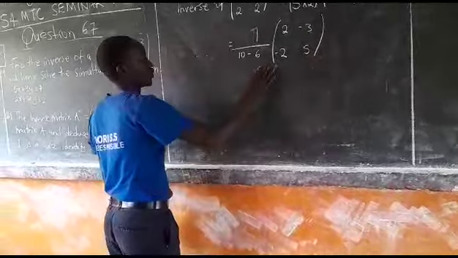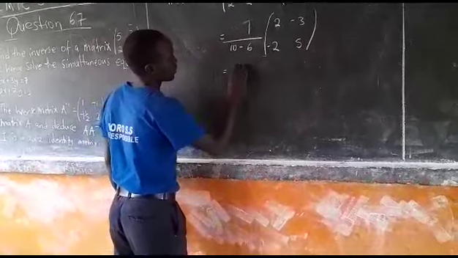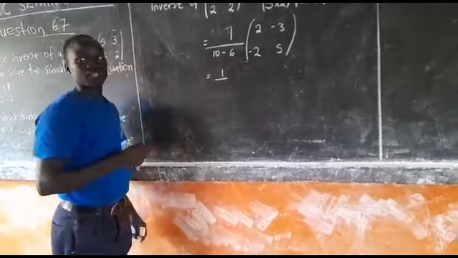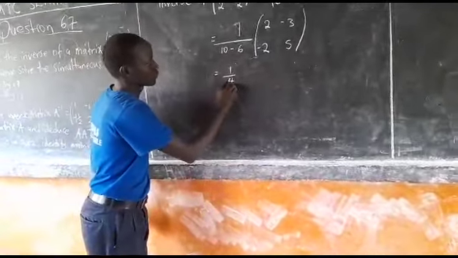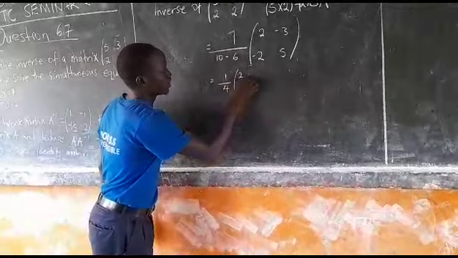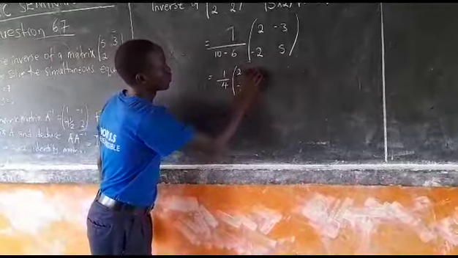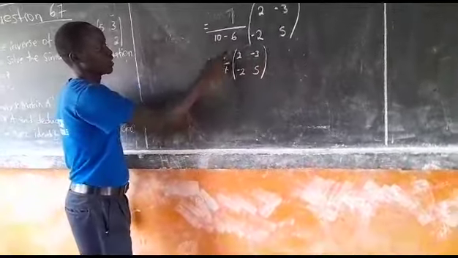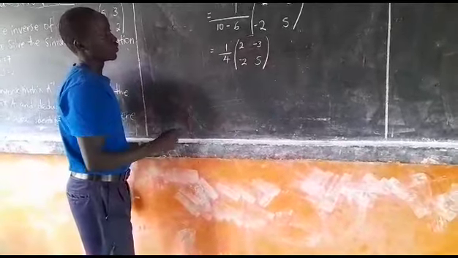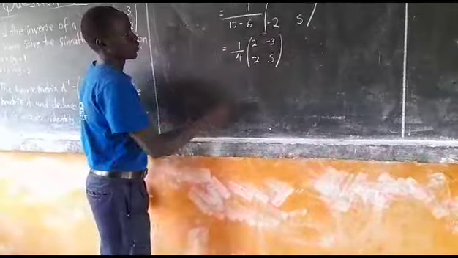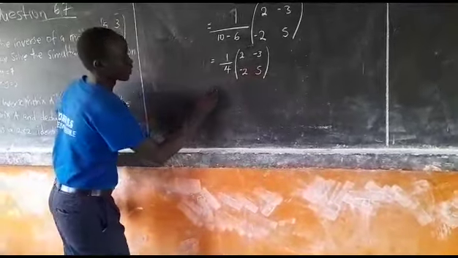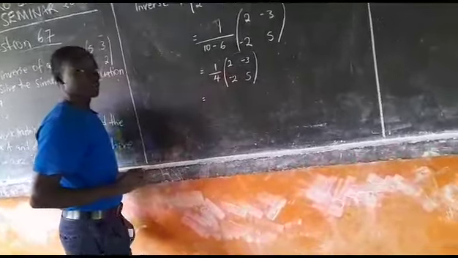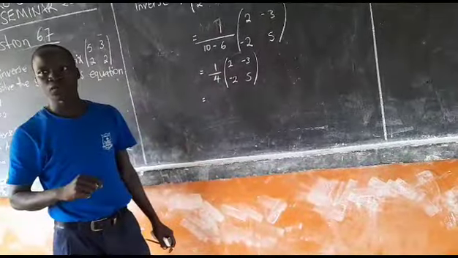And now you go ahead and say 1 over, when you subtract 0 from 10, it's going to be 10. And here you multiply by the adjoint 2, negative 2, negative 0, 5. Now this 1 over 4 is going to multiply with all what is inside the bracket here. So now it's going to be 1 over 4 multiplied by 2. That is going to be 2 over 4, which is the same as half.